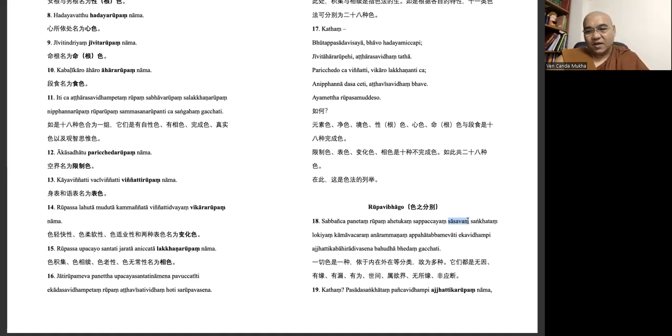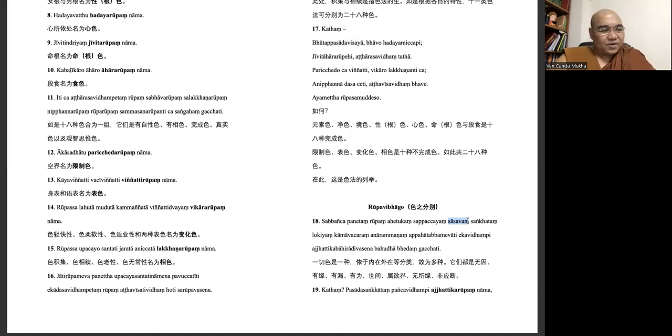Rupa belongs to lokiya, not lokuttara. Lokiya means mundane; lokuttara is supramundane. So rupa is mundane, lokiya. Why do we call it lokiya?